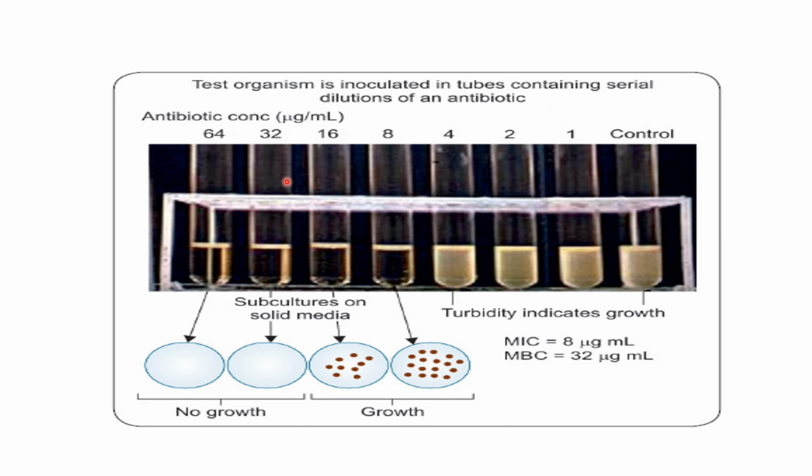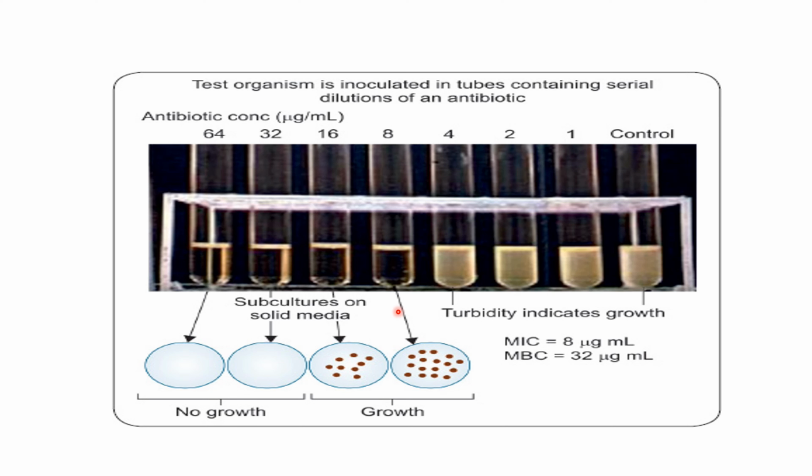After the incubation, you can see the first 4 tubes don't show any visible turbidity. From here onwards, we can see turbidity in the culture broth. This turbidity indicates the growth of the bacterium.